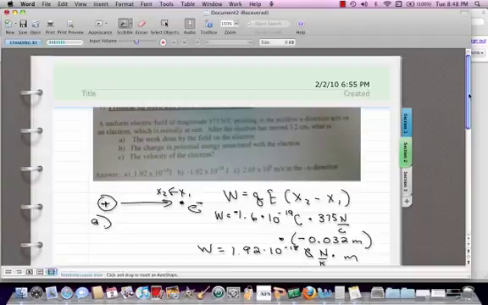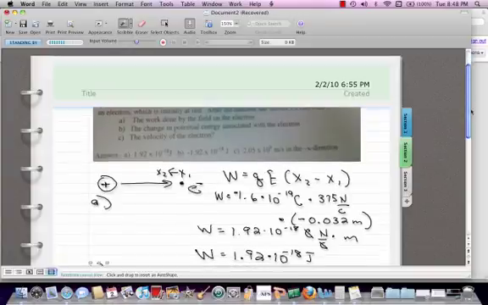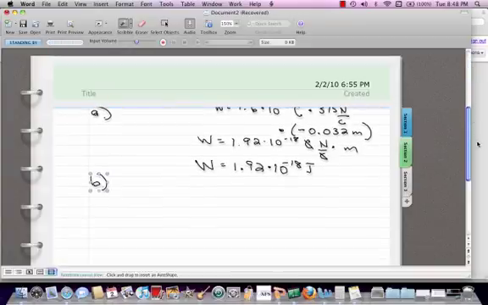So when I think about potential energy, if this is my positive charge that's creating this field, and I have an electron out here, when I'm out far away, I have a higher potential energy than when I'm here. My potential energy is lower here. So the change in potential energy is the same as the work done by the field.